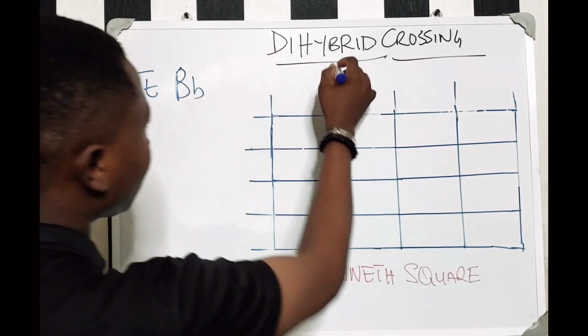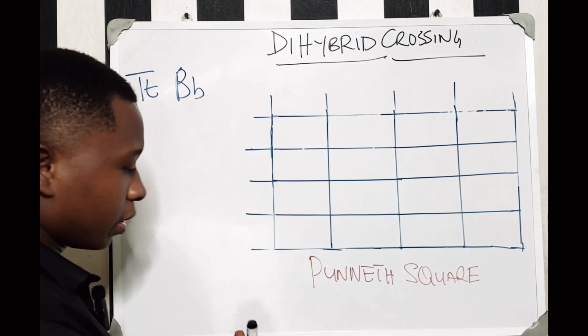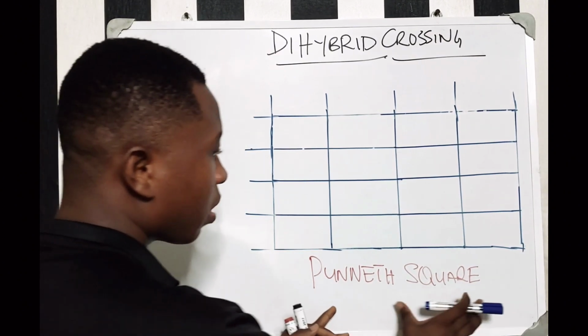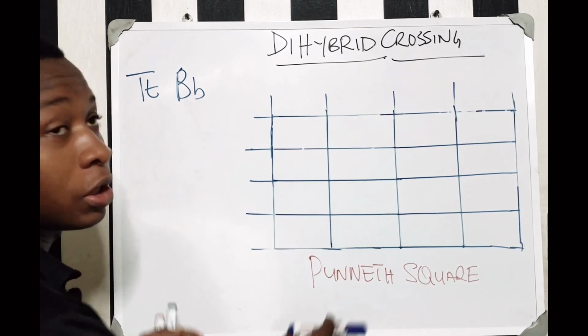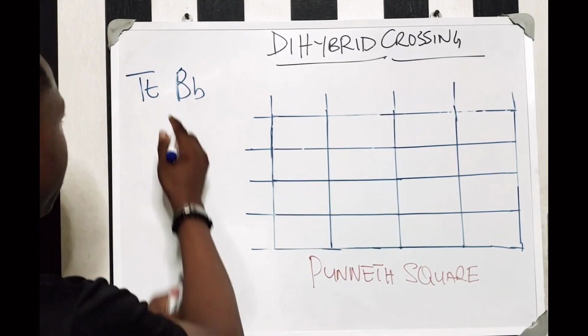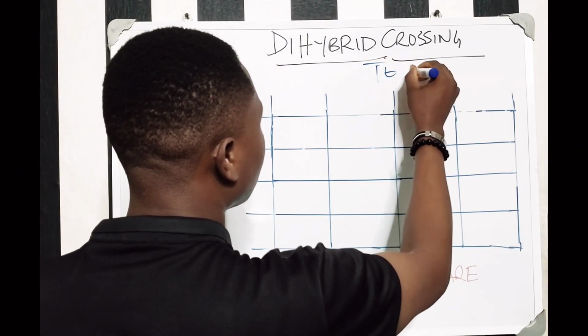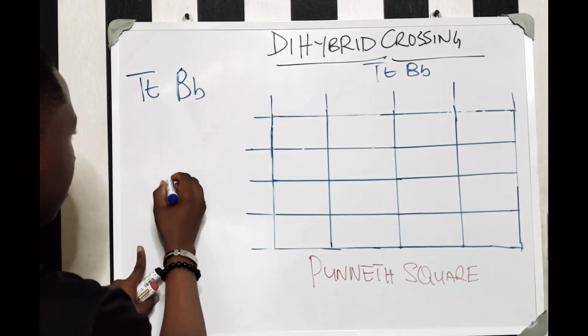If we want to cross it directly, it's going to be confusing and cumbersome. That is why they introduced the Punnett square method. So the Punnett square method is going to make it very easy for us to cross these traits now. So we are crossing these traits with these traits.